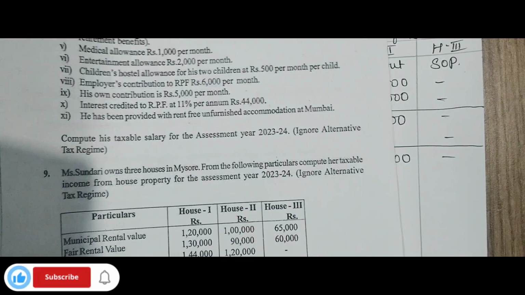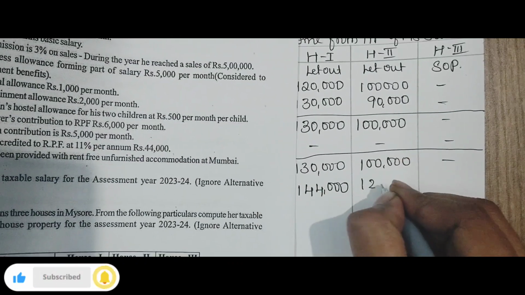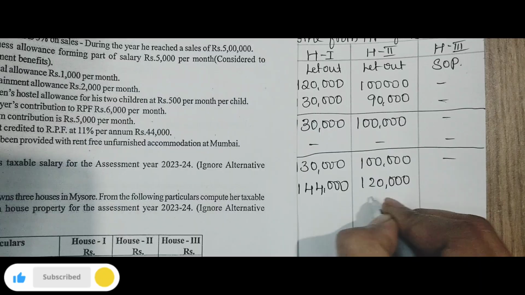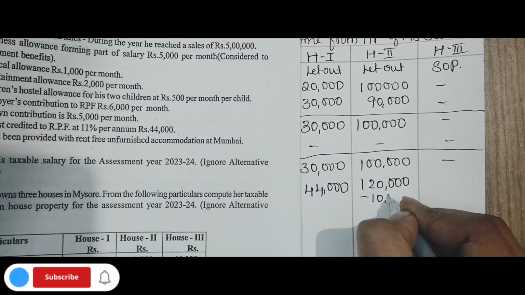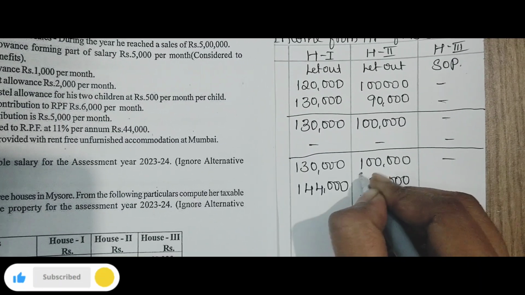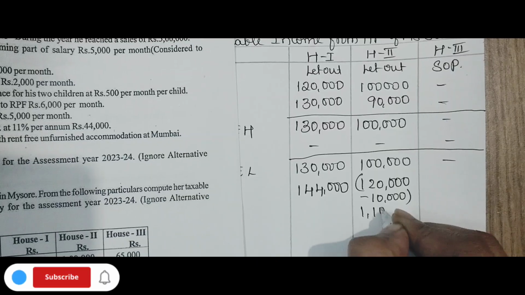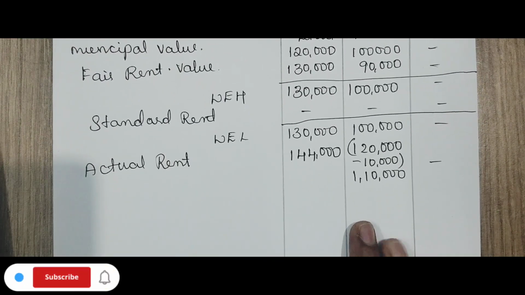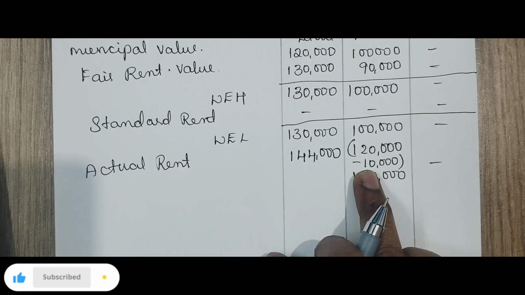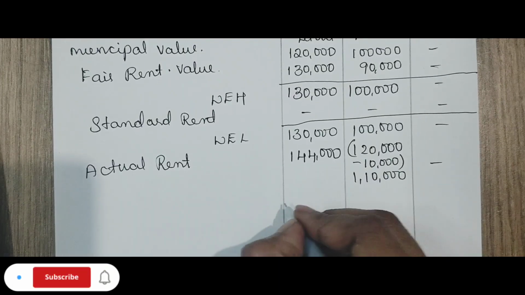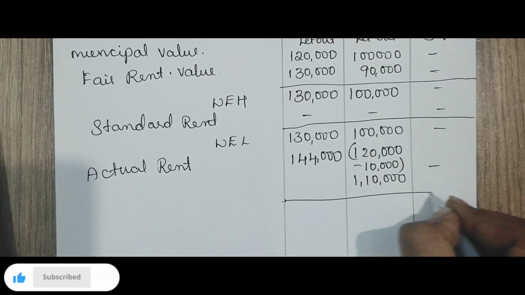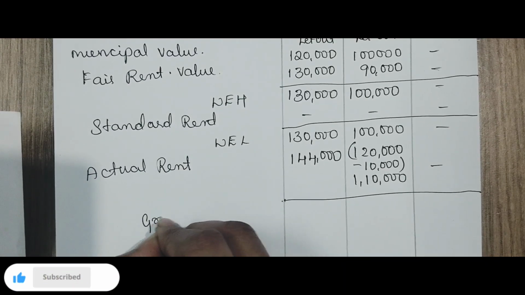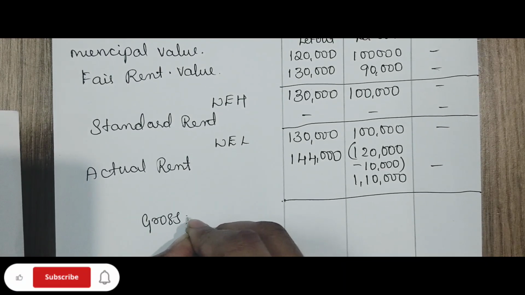For house 2, it is 1,20,000 minus 10,000, which is 1,10,000. The 10,000 is the unrealized rent. Now, this will be called your gross annual value.